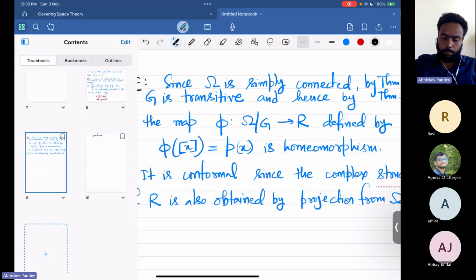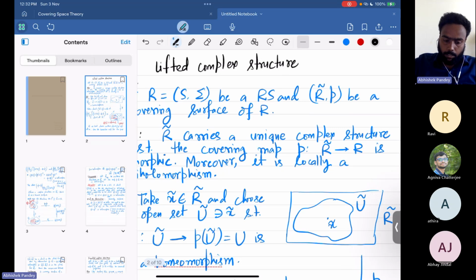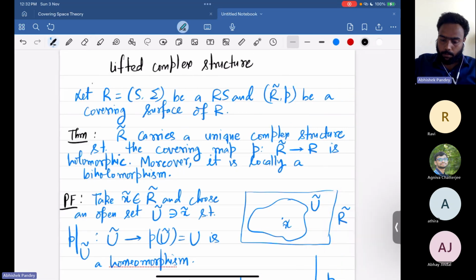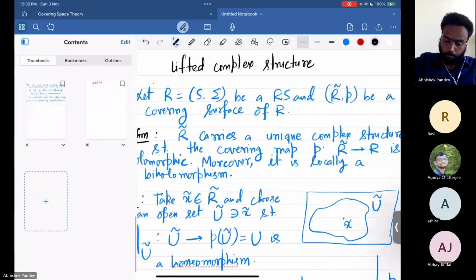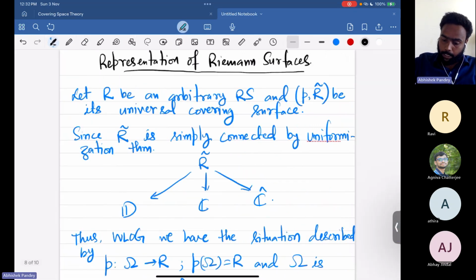We can do that by the lifted complex structure.